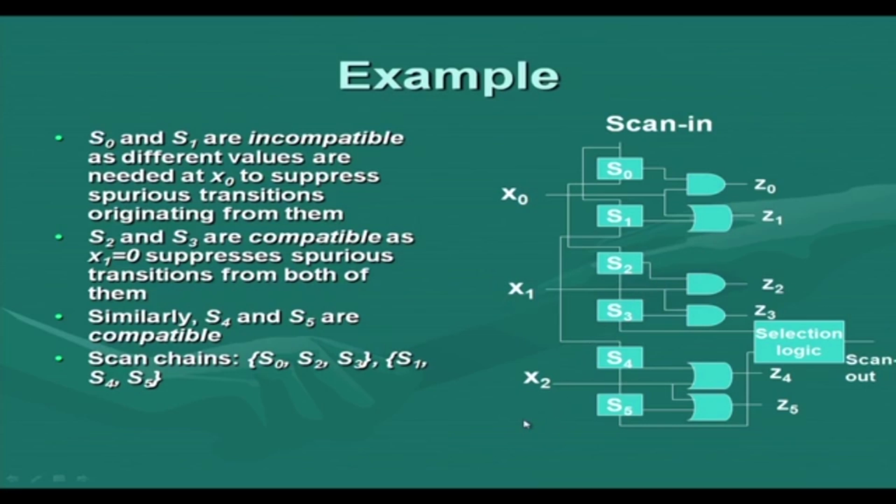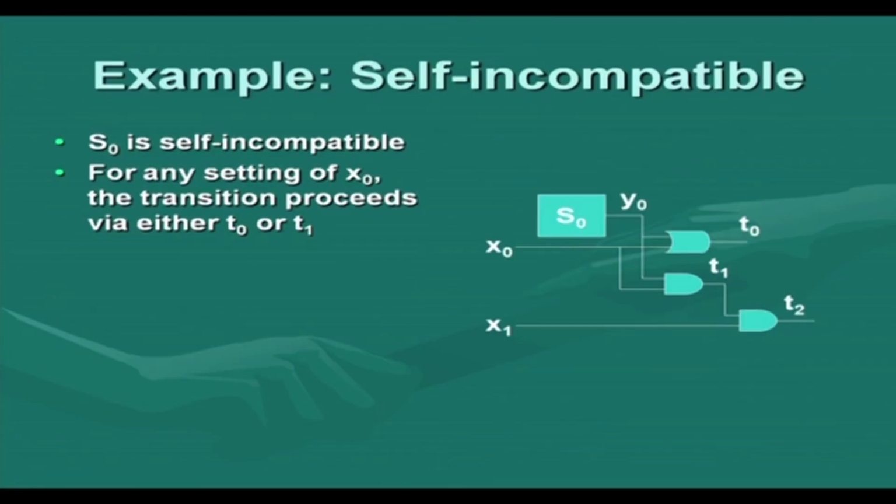Similarly, S1, S4 and S5 are in one set, so I can set X0 and X2 to some value so that spurious transitions do not go. So there is no conflict in the setting of X0, X1 and X2. From the power minimization point of view, we can do this type of grouping, though the interconnect length requirement of the scan chain may require the scan stitching in a different order.